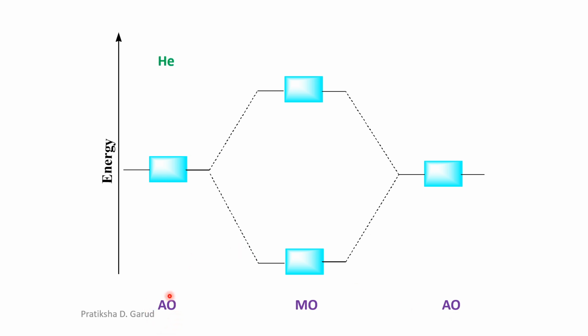At one side it is the atomic orbital of the helium atom, which is the 1s atomic orbital. At the other side we have the atomic orbital of the second helium atom, which is also 1s, right? And the molecular orbitals for the He2, the helium molecule, are bonding, which is sigma 1s, and anti-bonding, which is sigma asterisk 1s, right?